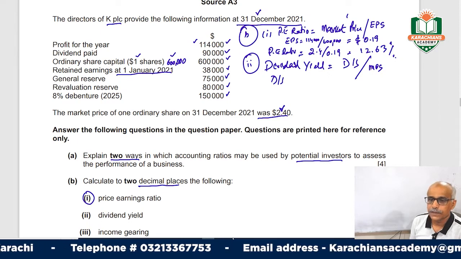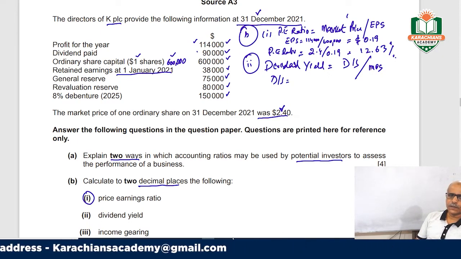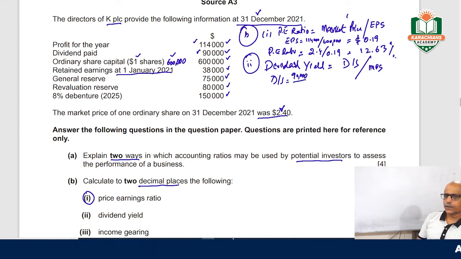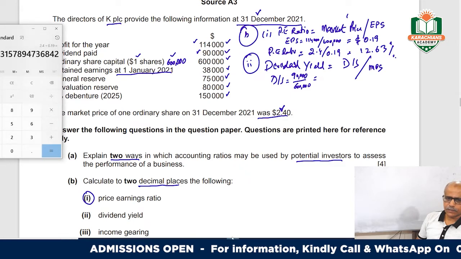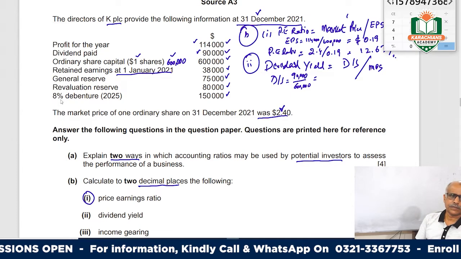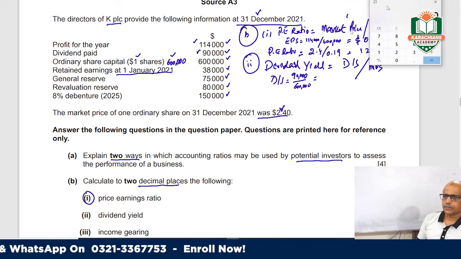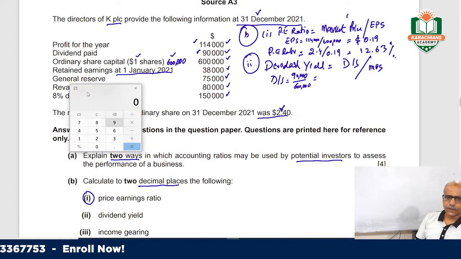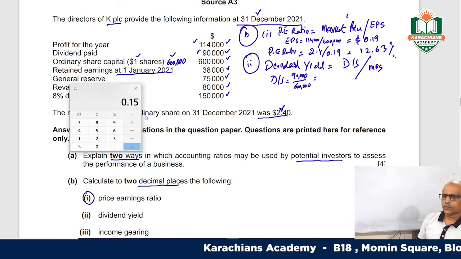Dividend per share: 90,000 of dividend over 600,000 shares. Dividend per share is 90,000 divided by 600,000. This is 0.15.